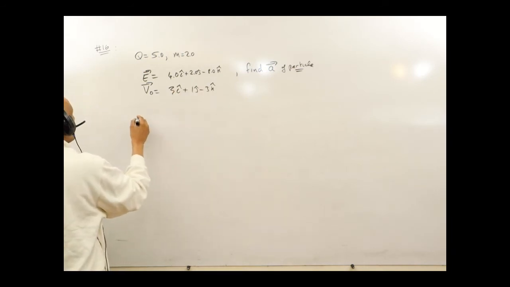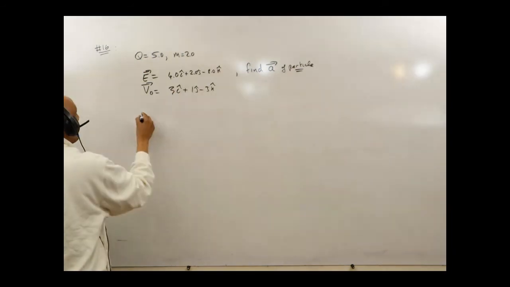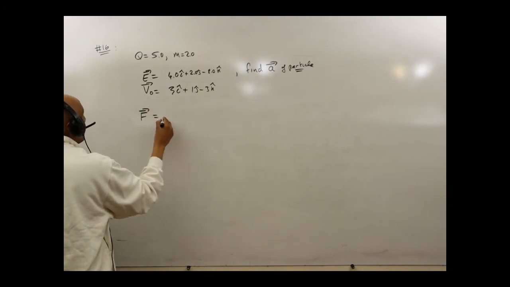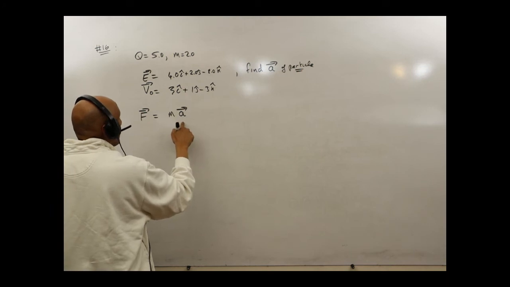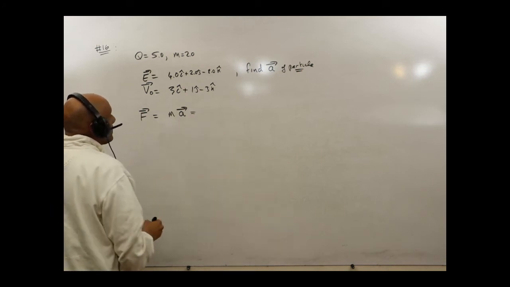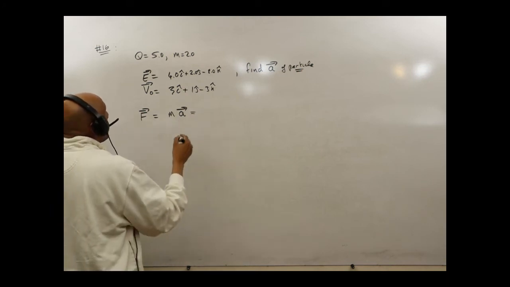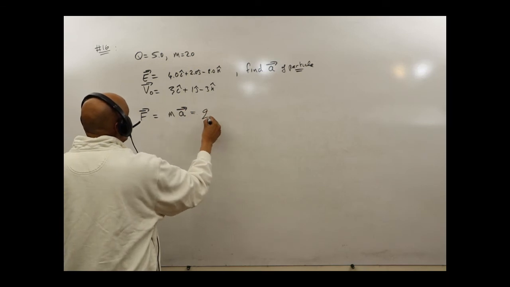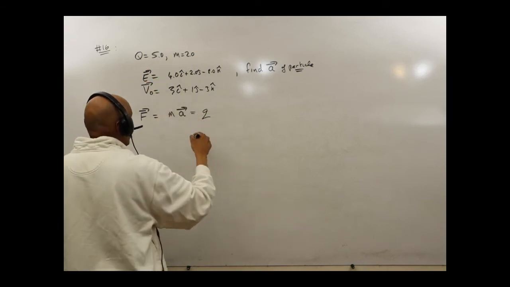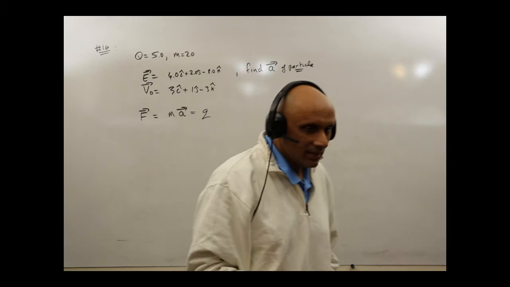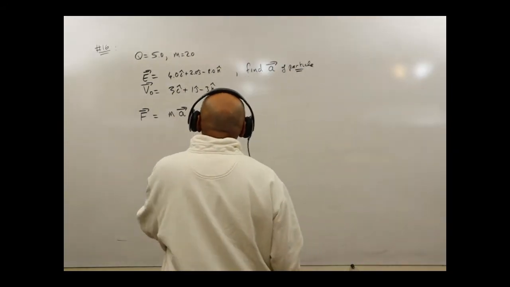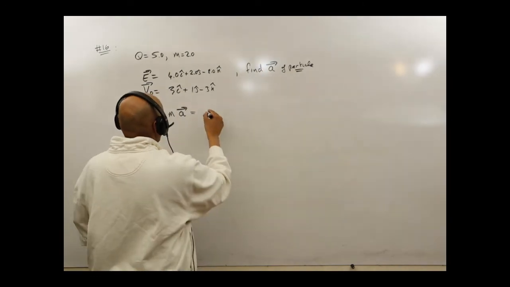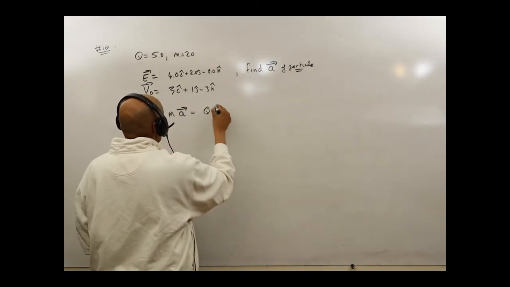The force on the particle is given by mass times the acceleration vector. A is what I'm trying to find. But that force is also the charge of the particle, capital Q, which is 5, times the electric field strength.